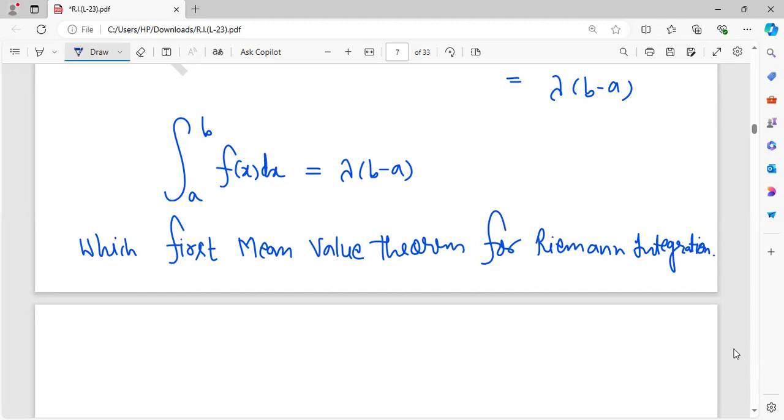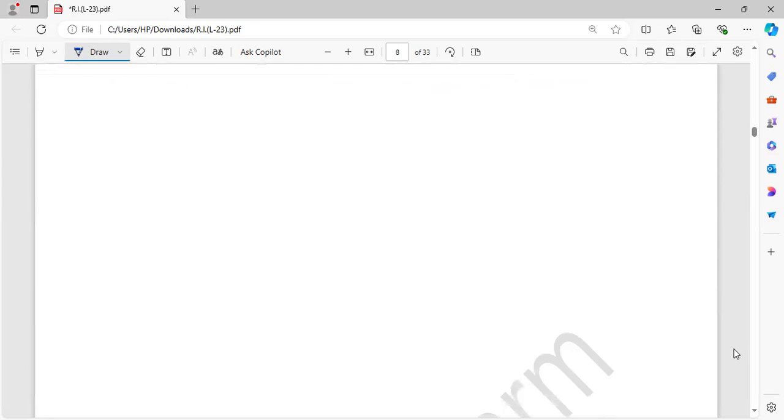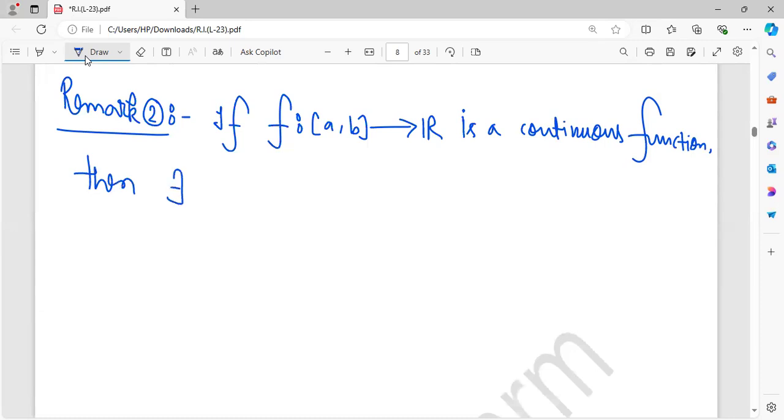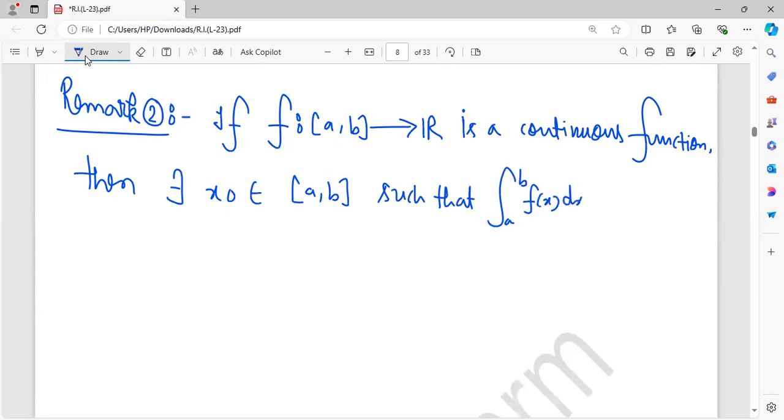Now remark 2. If f from closed interval [a, b] to R is a continuous function, then there exists x0 belongs to closed interval [a, b] such that the integral from a to b of f(x) dx is equal to f(x0) times (b minus a).